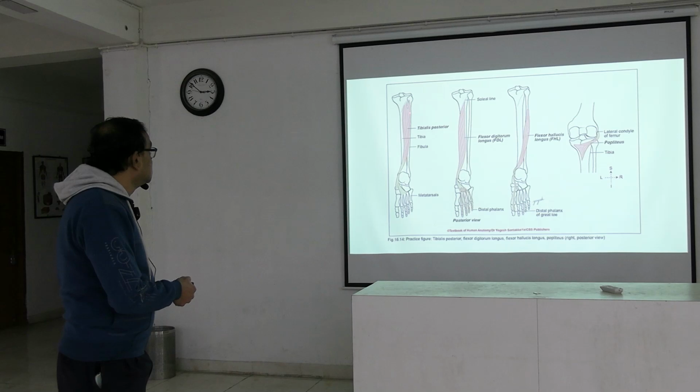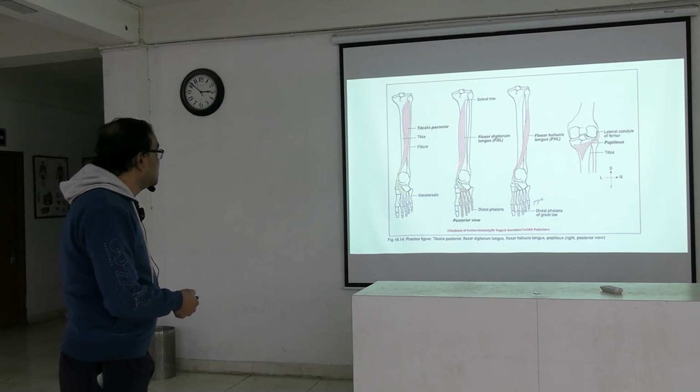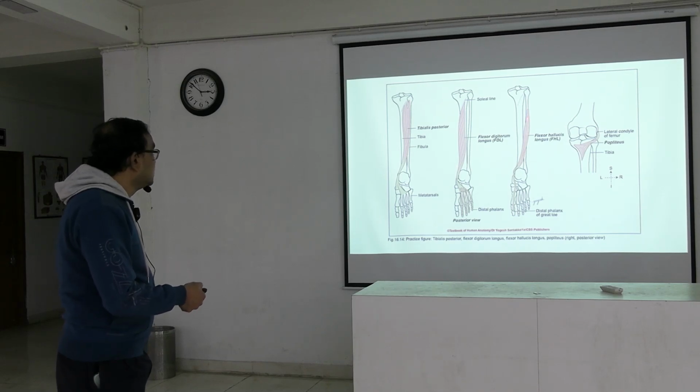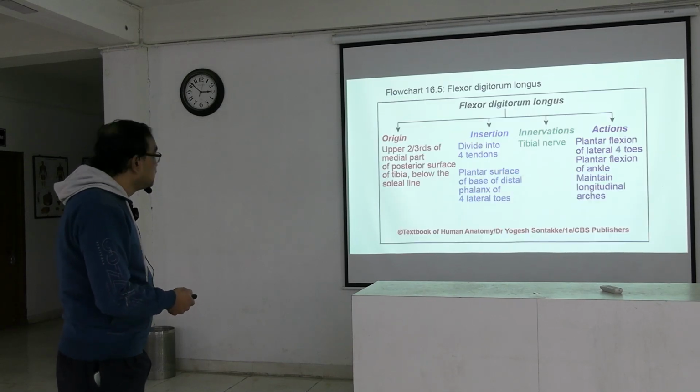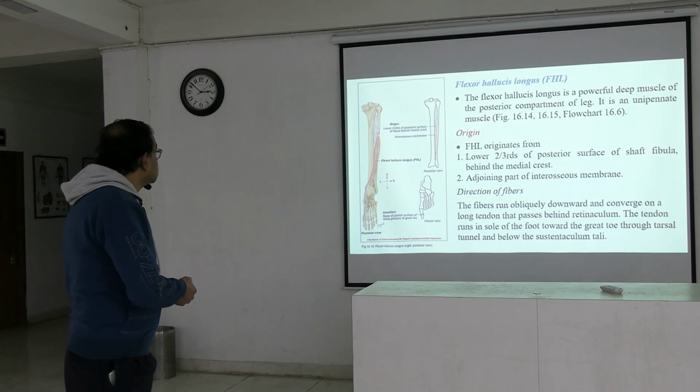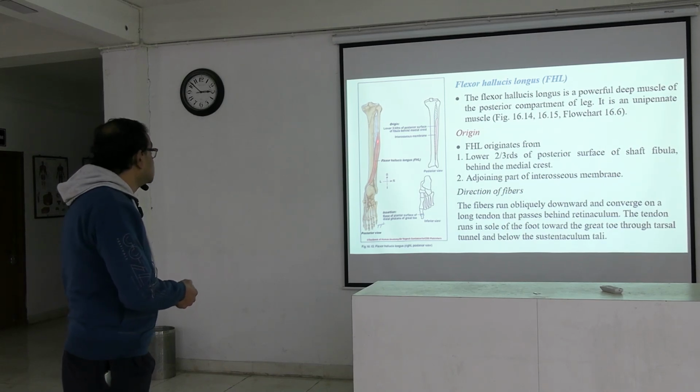So this is flexor digitorum, this tibialis posterior in between. On the medial side, this is the flexor digitorum. On the lateral side, this is the flexor hallucis, and in between we are getting the tibialis posterior. So this is the picture of flexor hallucis longus.